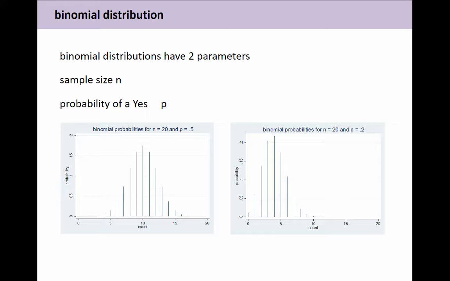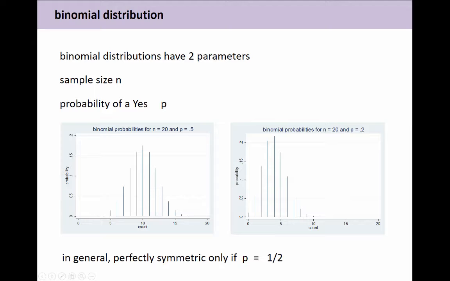On the right, we have the binomial probabilities for counts, again for a sample size of 20, but now with a proportion in the population of only 20%. This distribution of the probabilities of the counts has quite a skewed shape. It's much more likely to get a small number of yes when the probability is only 20%.